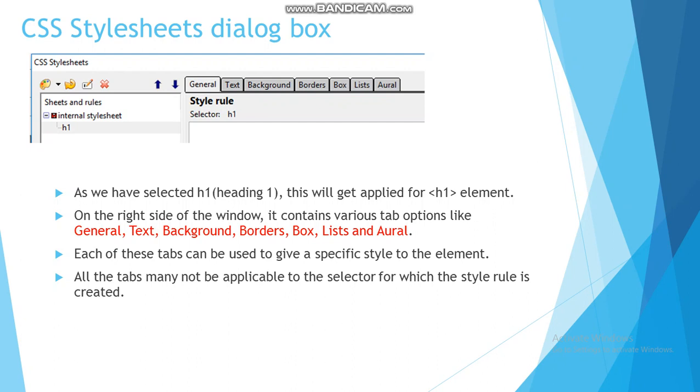So if you have selected any different tag, then all these tabs are not applicable. So suppose if you have selected the img tag to create an image, then the Text option is useless here.